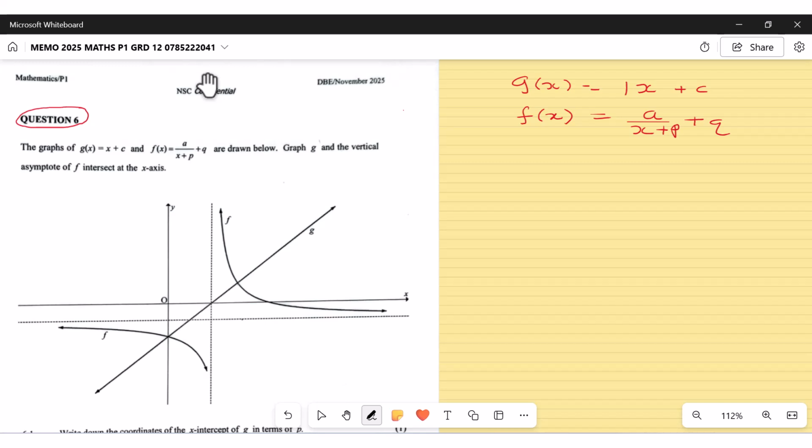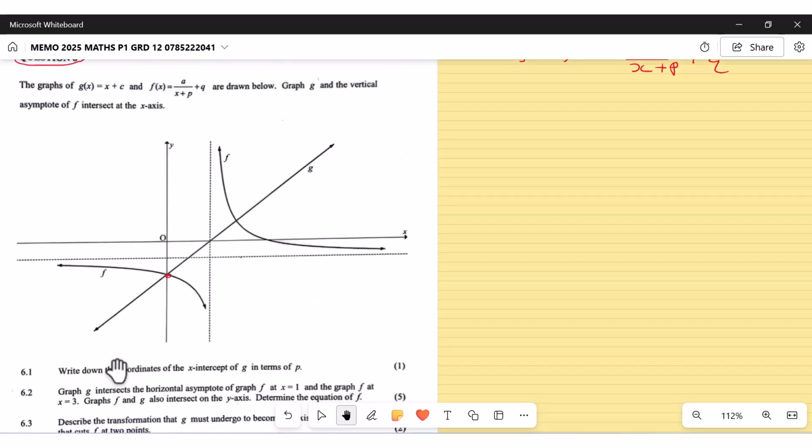Okay, and then what must we do? This is the hyperbola and this is the straight line g. They ask us to write down the coordinates of the x-intercept of g in terms of p. As you can see here, this is the x-axis, and our g meets here. This point is the x-intercept of g, but it is also the point of intersection of the two asymptotes, so this one is also p.